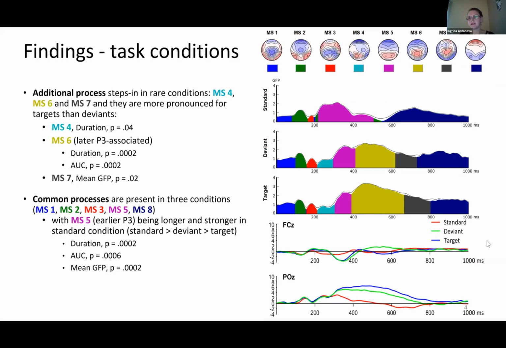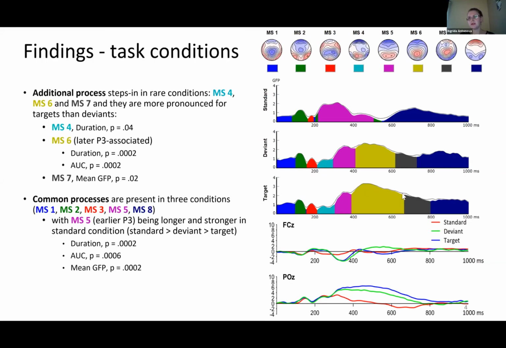And you also can see at the bottom the wave shapes of all 3 conditions at FCZ and POZ electrodes. To better understand what the GFP envelope shows, you can imagine that you flip your ERP to the positive side, and it looks similar.